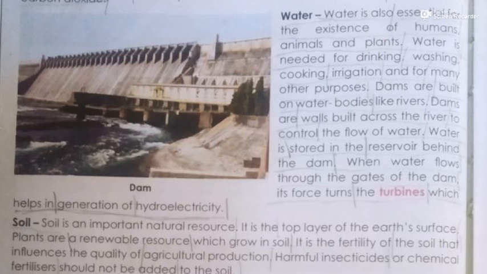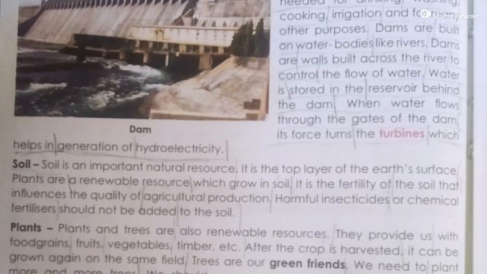When water flows through the gates of the dam, its force turns the turbine, which helps in generation of hydroelectricity. So water is not only used for drinking, washing, cooking and irrigation, it is also used to produce electricity. So that is another major benefit.